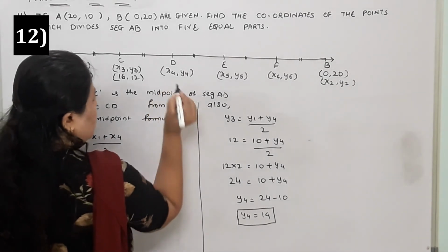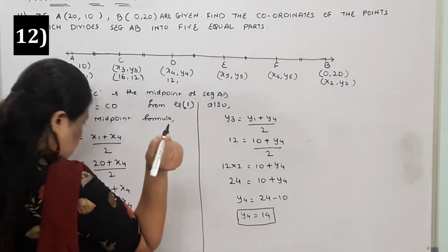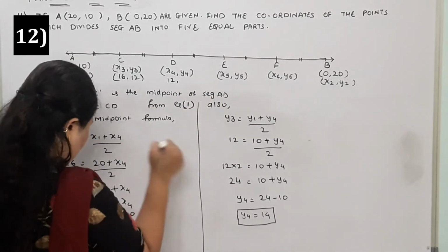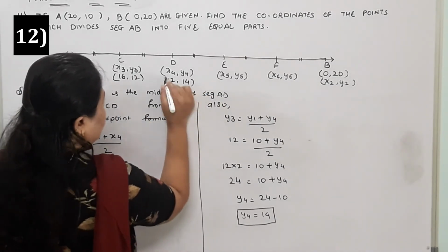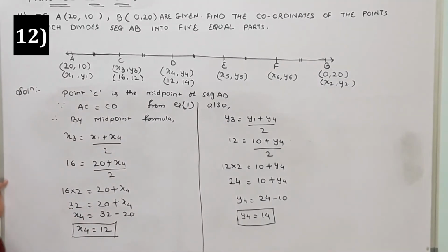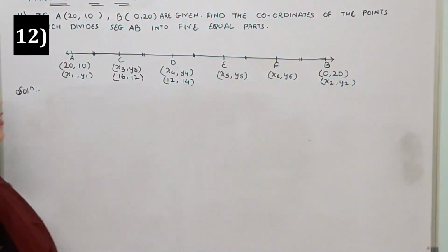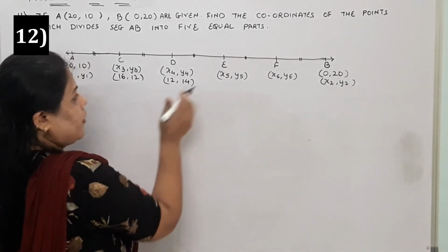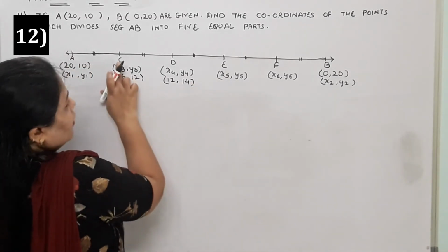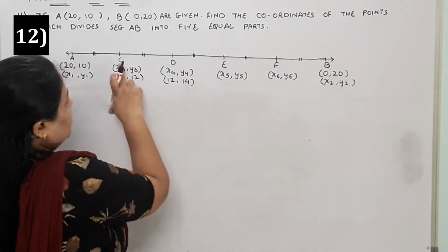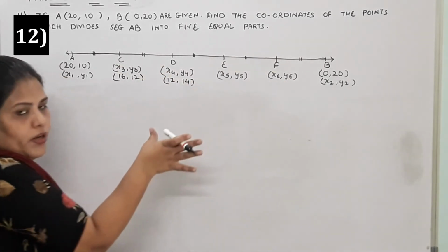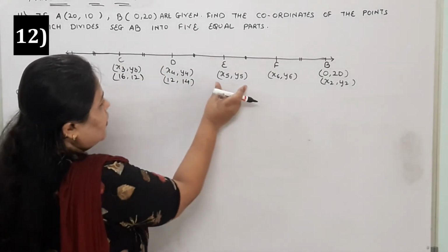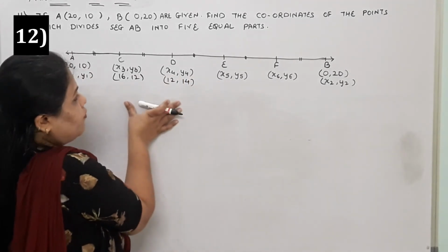Write down. Then we will see the coordinates of E and F. D is 12 and 14. Yes, note down. Now see here, point E we will calculate for. If I take BC as the segment, then point E is the midpoint of BC.